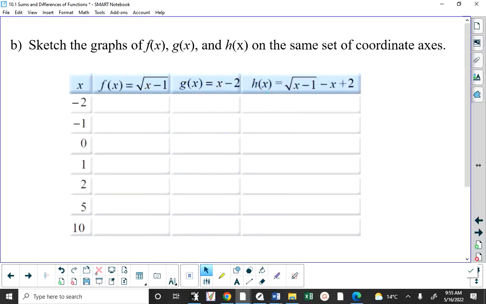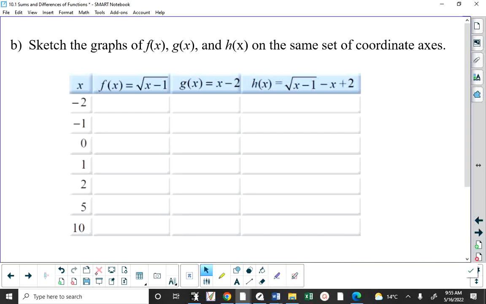So when we fill this in, and I start off with f of x, and I put negative 2 in for x, then you're going to have the square root of negative 2 minus 1, which is the square root of negative 3, and you can't do that.